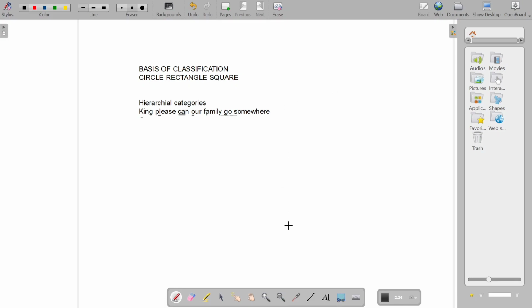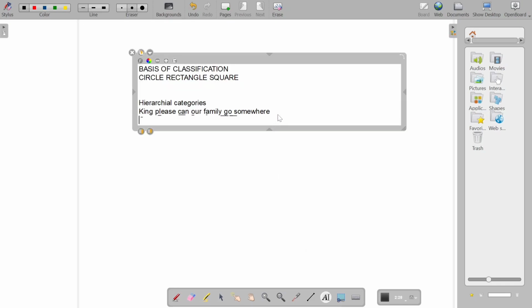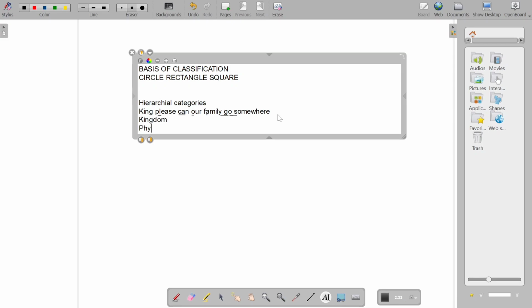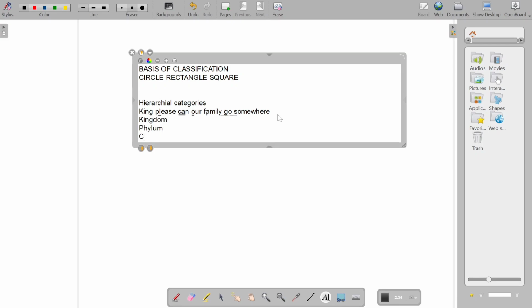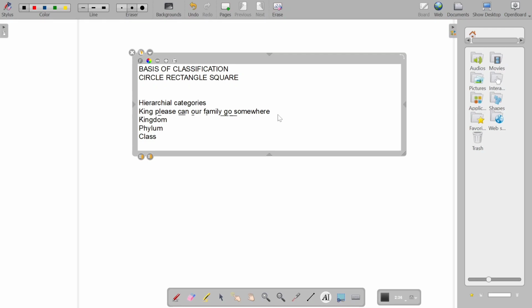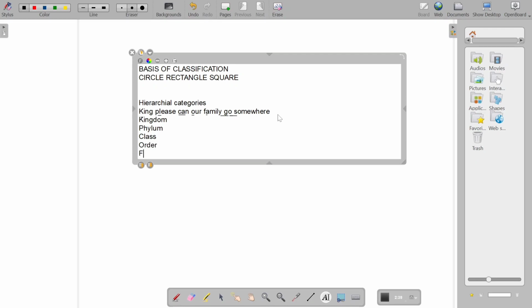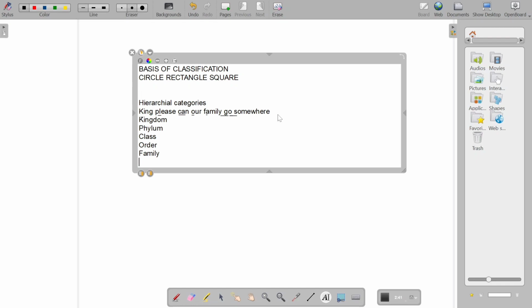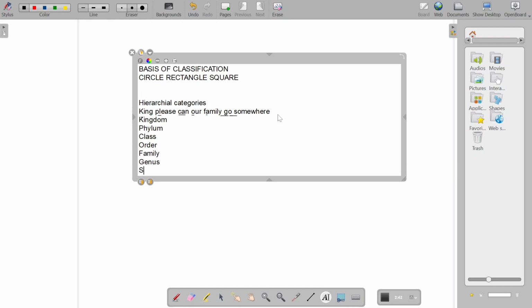Let's see their full forms. K stands for kingdom, P stands for phylum, C stands for class, O stands for order, F stands for family, G stands for genus, S stands for species. According to these categories, animals, plants and microbes have been classified to identify the organism.